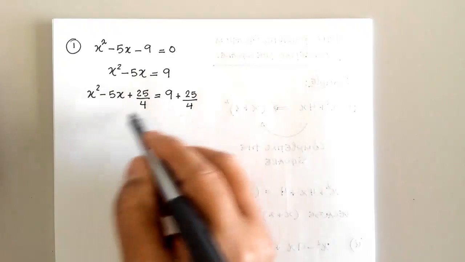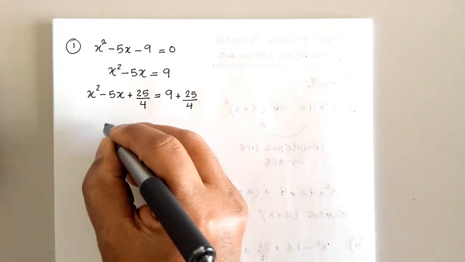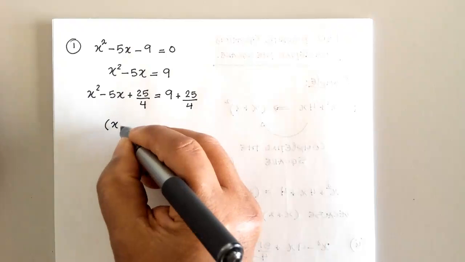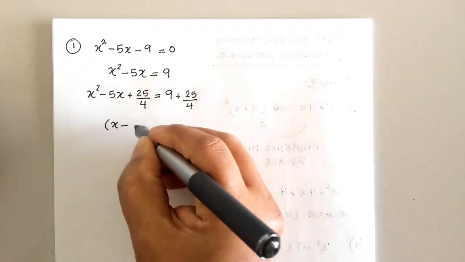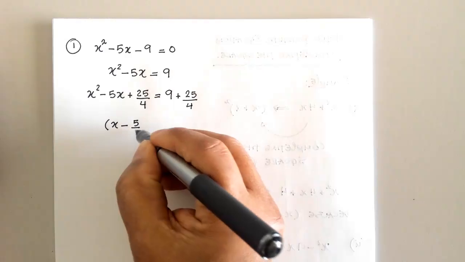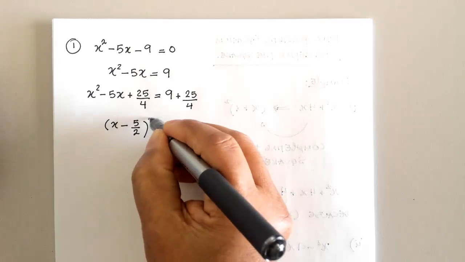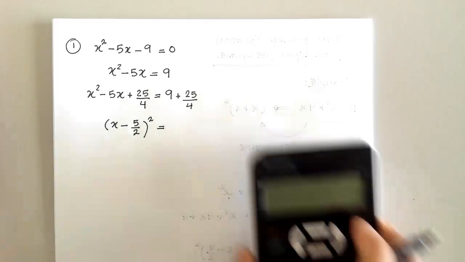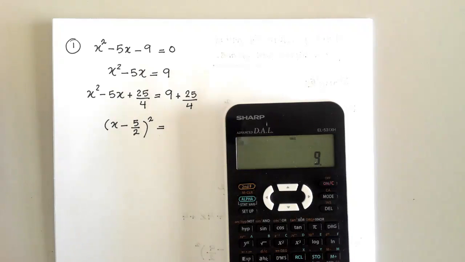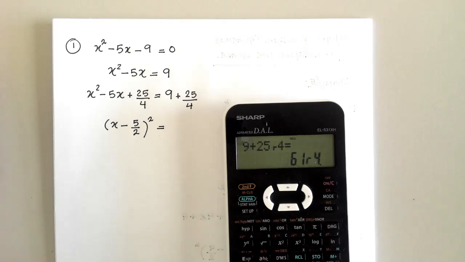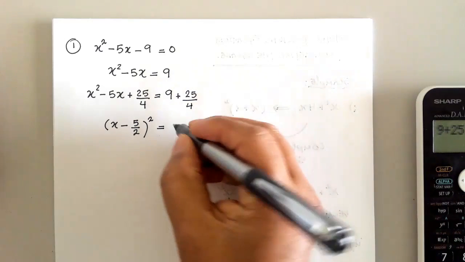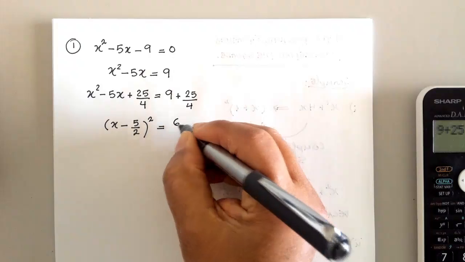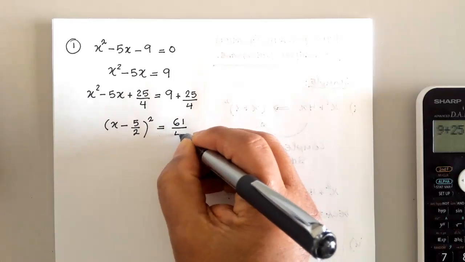All right, and then we know that this is a perfect square, so we can do x minus 5 over 2, and then squared. That is equal to, well, we do 9 plus 25 over 4, so that is equal to 61 over 4. So all this is equal to 61 over 4.